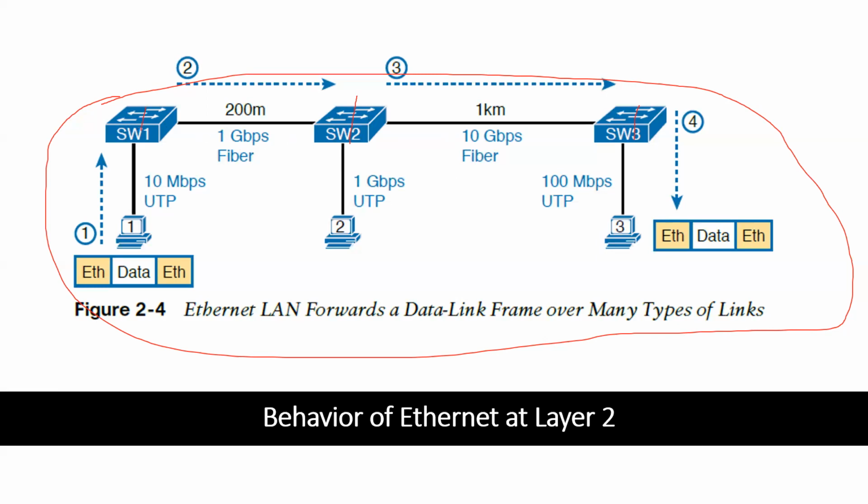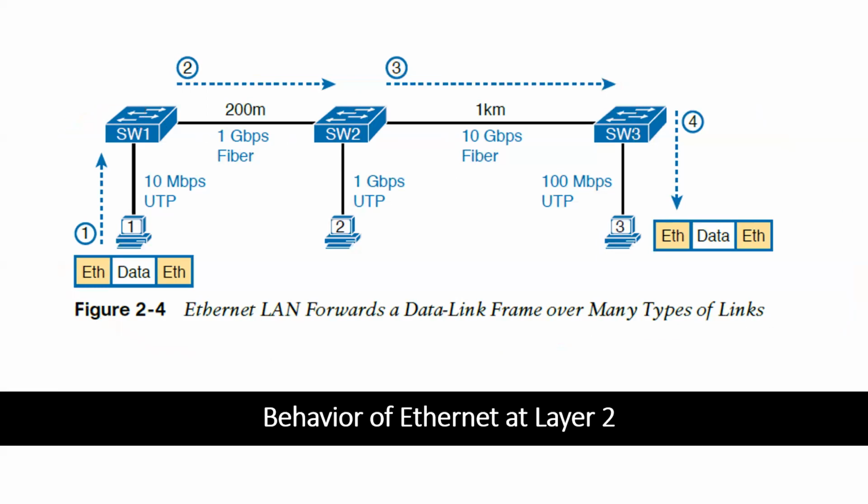So for example, let me clear everything out and do some color changes. This interface is probably on VLAN 1, but this interface isn't on VLAN 1.